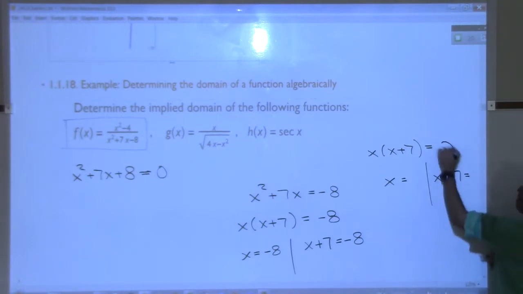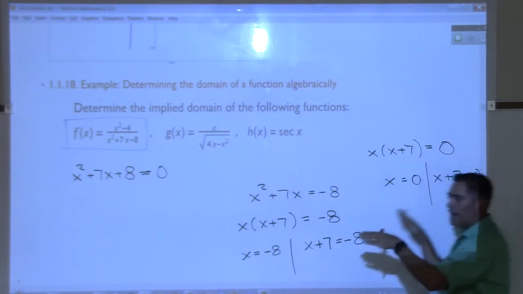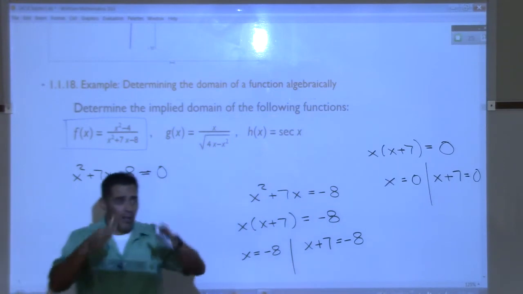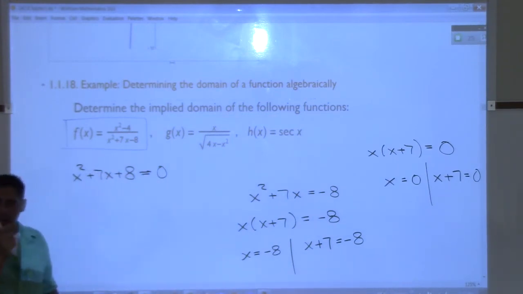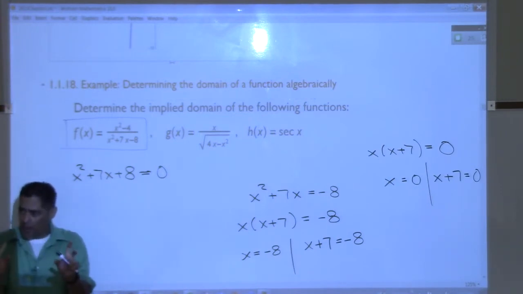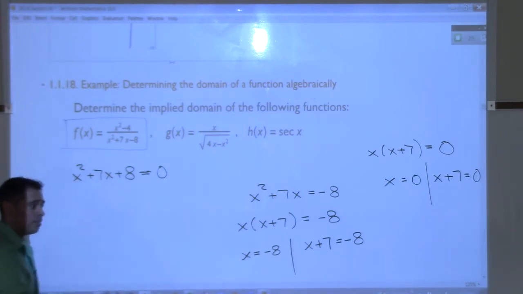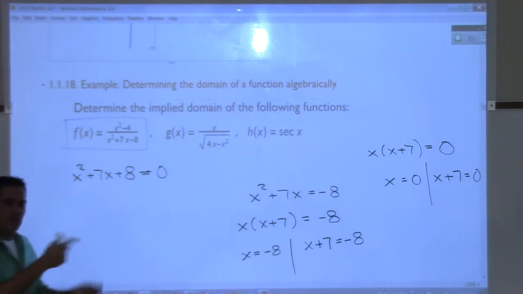This has to be 0 for this to work. Then you can set each factor to 0. It's called the zero factor property from college algebra. So you can only set factors into separate equations if the right side of your equation is 0. If it's 8 or negative 8, it's not going to work.